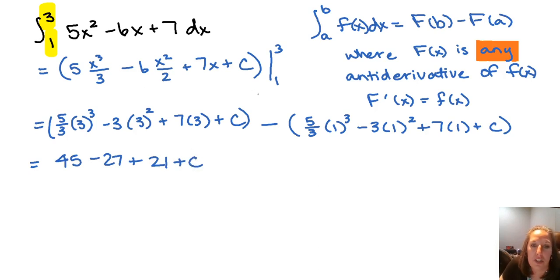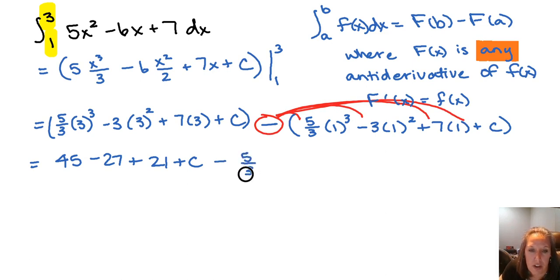And then on this one we need to distribute this negative to each of those terms. So we'll get minus 1 cubed is 1, so we'll just have 5/3 for that first term. When we distribute a negative, we're going to get minus a negative 3, so that's going to be plus 3, minus 7, and then minus c.